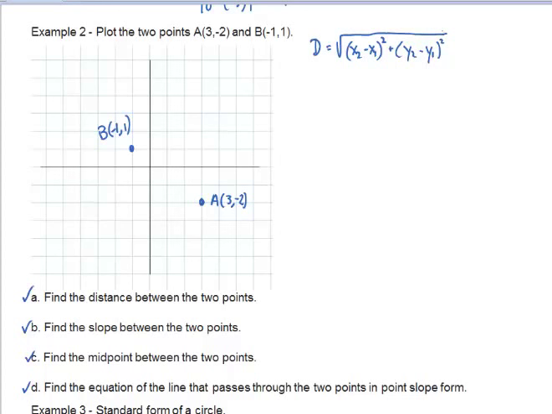What I generally tell people to do is when you have 2 points on a coordinate system, you just draw a vertical line through one point, a horizontal line through the other point, and you end up making a right triangle out of it. And now you can use the Pythagorean theorem on the coordinate plane. You would subtract the y values, so you'd subtract 1 and 2, so you'd end up getting a value of 3 for this side.